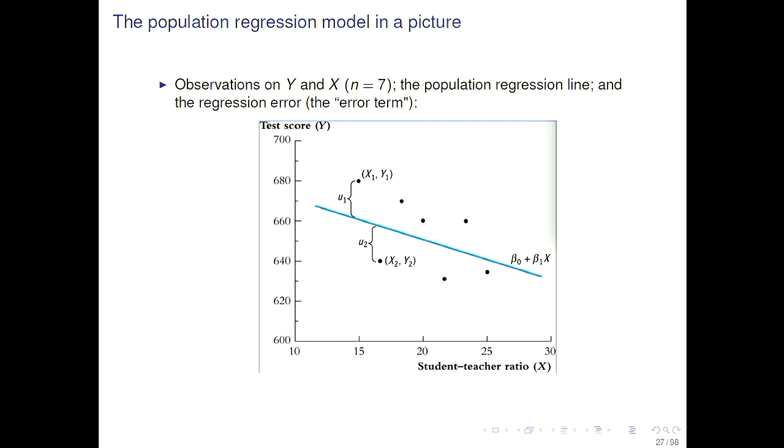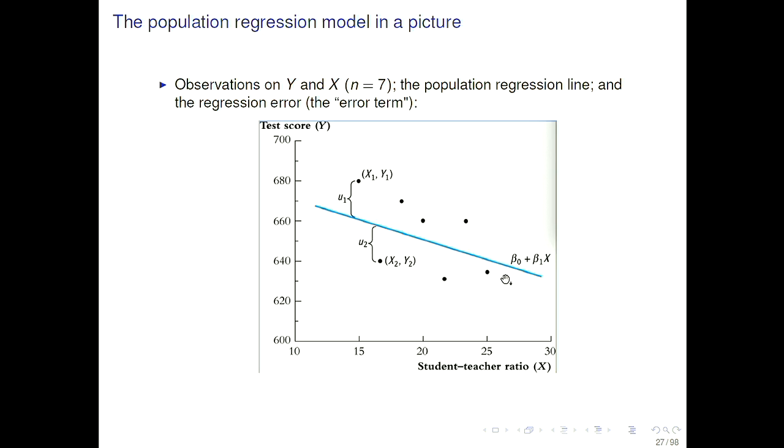This relationship is a statistical relationship, stochastic relationship. It's not a deterministic relationship. Because of the error, there's a difference between the locations of the dot points and the population line. So this is the tricky part. Using scattered data, we want to identify and estimate this one straight line.